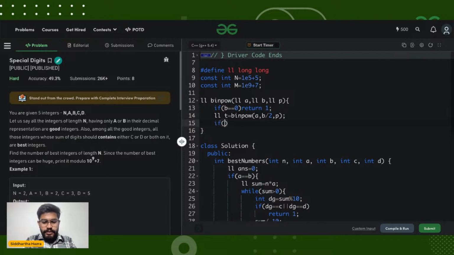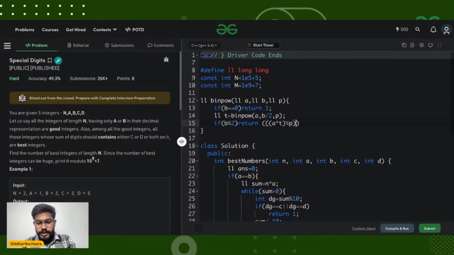And then if b modulo 2, we would return a multiplied by t multiplied by t, modulo p.